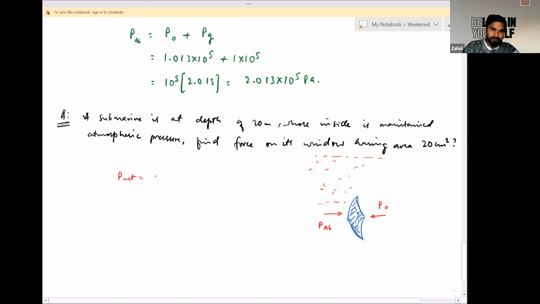So it will be P absolute minus P naught, which must be equals to just rho GH. Now you have given area of cross section. Just multiply it by pressure. You will get force exerted, as pressure is equals to force by area. So force is equals to pressure into area.